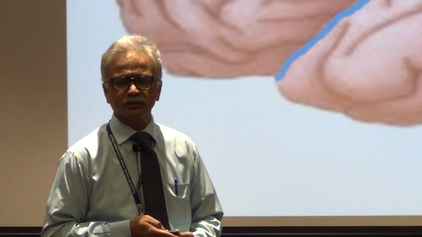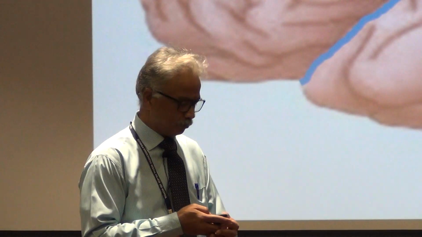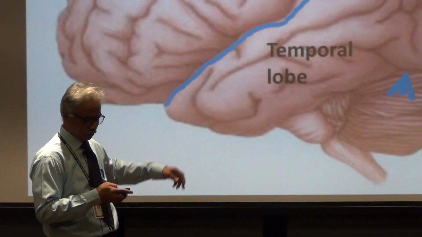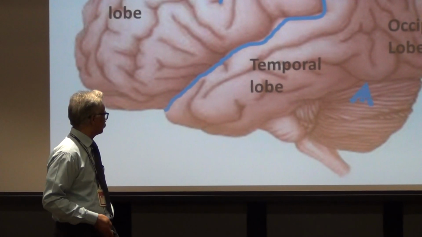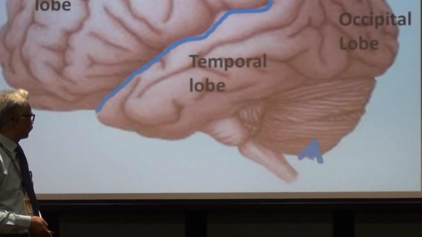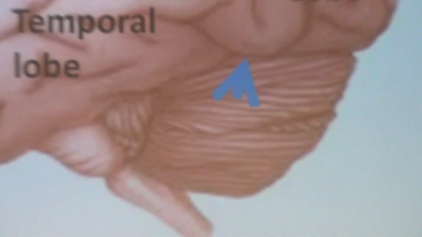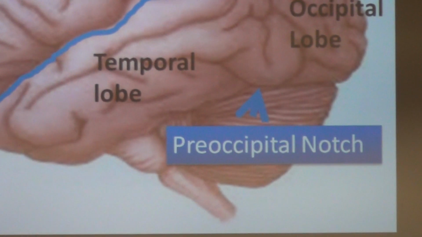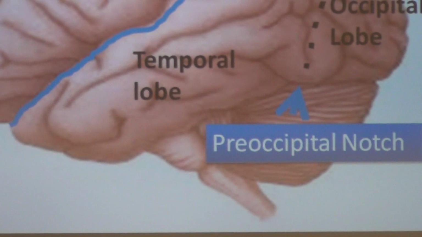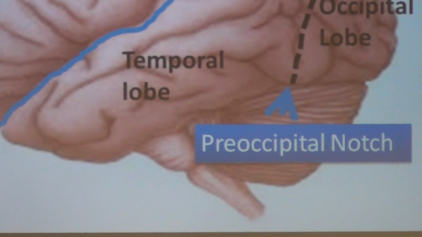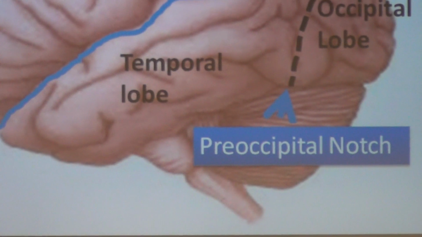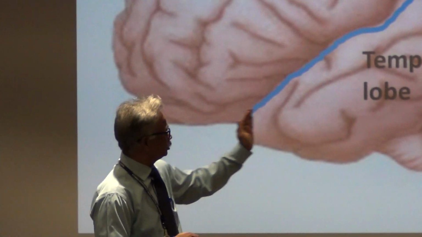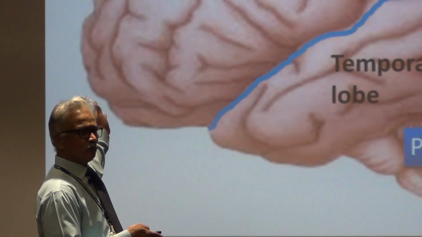This we discussed while discussing the borders of the cerebrum. This is the pre-occipital notch that you can see there. Now what we have to do is draw an imaginary line extending from the parieto-occipital sulcus to the pre-occipital notch, separating the occipital lobe from the rest of the cerebrum.